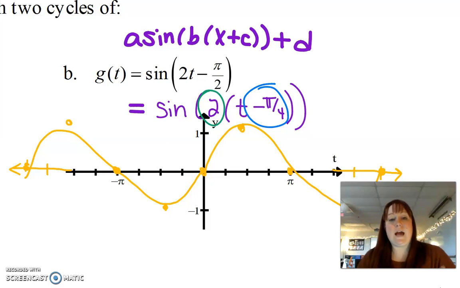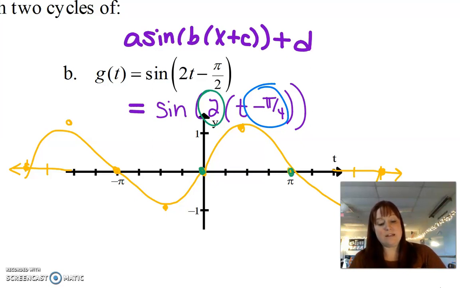All right, now we look at the 2, which is going to take all of my x values, divide them by 2. So now instead of finishing a period in 2 pi, it finishes a period in pi, right? So it's going to start at the same place, and instead of ending at 2 pi, it's going to end at pi, right? So halfway in between, it's going to also hit a 0 because our pattern is max, 0, min, 0, max, 0, min, 0, right?